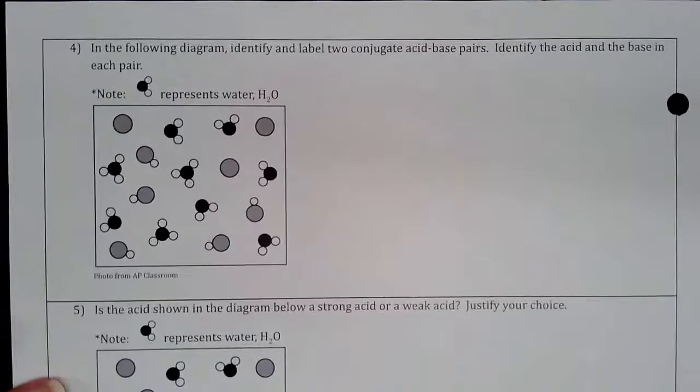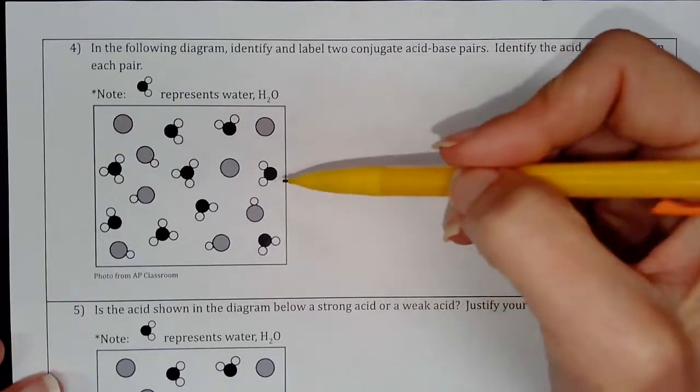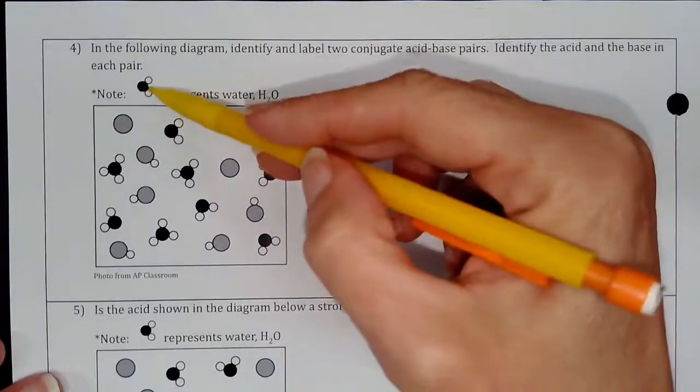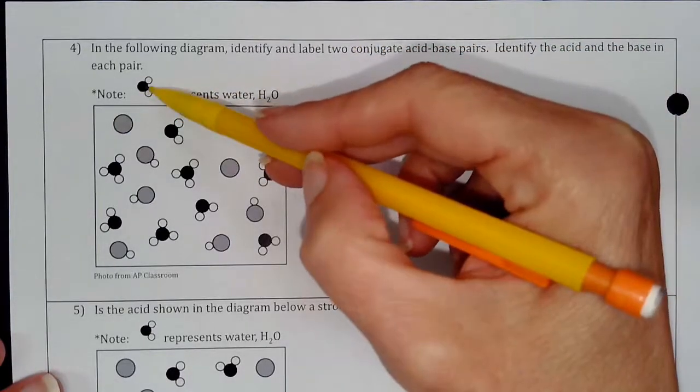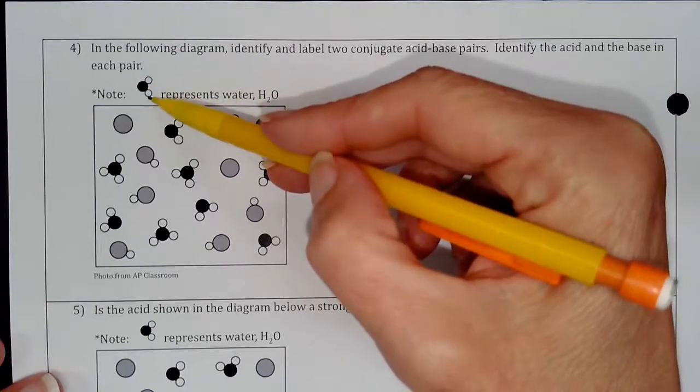Okay, in this diagram we need to identify and label two conjugate acid-base pairs. So the first thing I'm going to do is look and see if I can find two species that differ only by a hydrogen. Since we have this little descriptor that tells us that this is water, that tells me that these little clear circles are hydrogen.